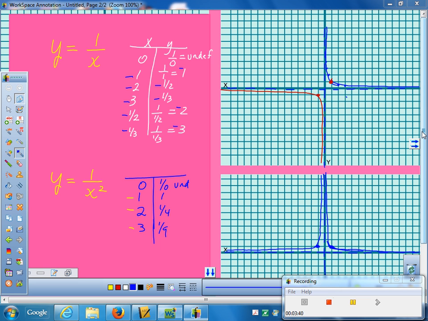Whatever you visually see in it, go for it. Now, how do you keep them straight? Which one's 1 over x versus 1 over x squared? Well, this is x squared. It has 2 cheeks. That usually keeps it straight.